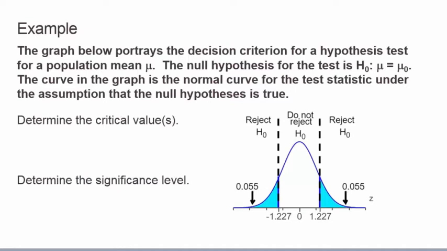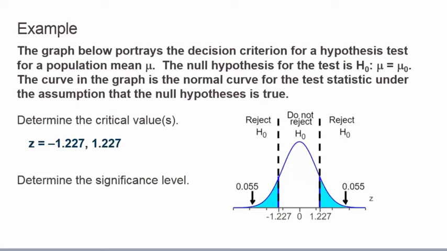Continuing with our example, determine the critical value or values. Our z-scores are the cutoff points between the rejection region and the non-rejection region. So the critical values are z equals negative 1.227 or positive 1.227. Determine the significance level.